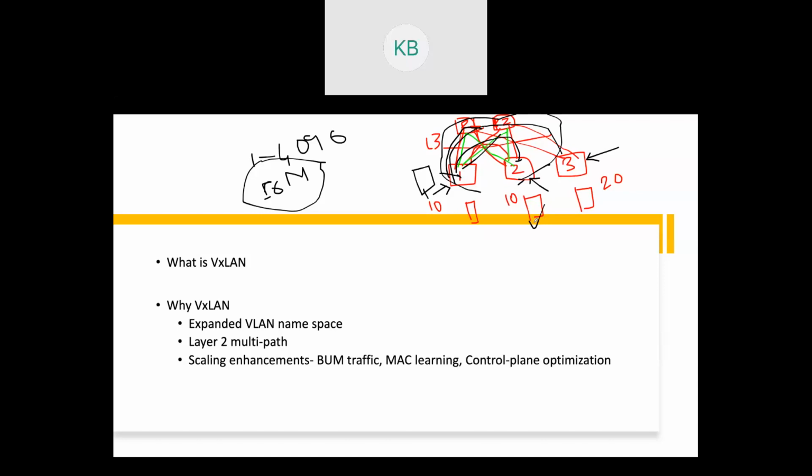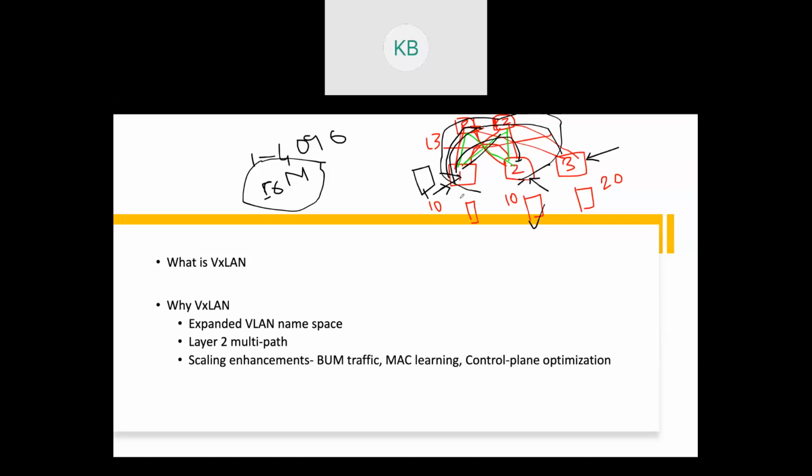But in the case of a BGP EVPN control plane, this is not the data plane learning we are doing. This is not flood and learn. Whenever the host comes online, if it is not a silent host, then you are expecting that route to be advertised to BGP and reach your switches here which are in the same VNI.